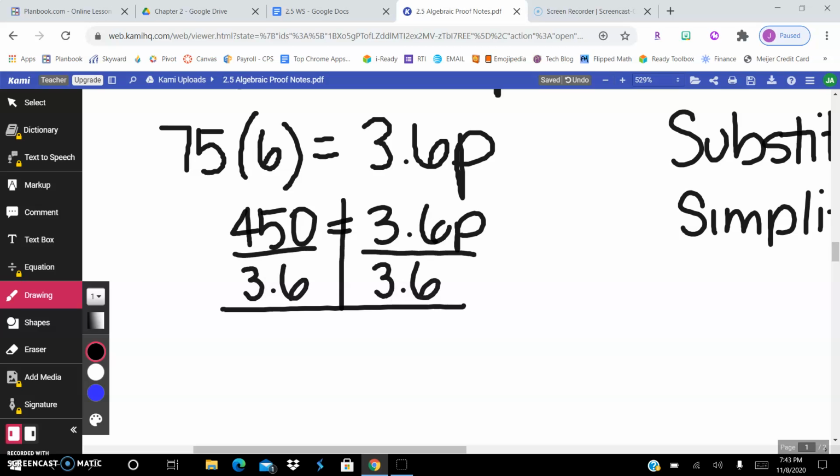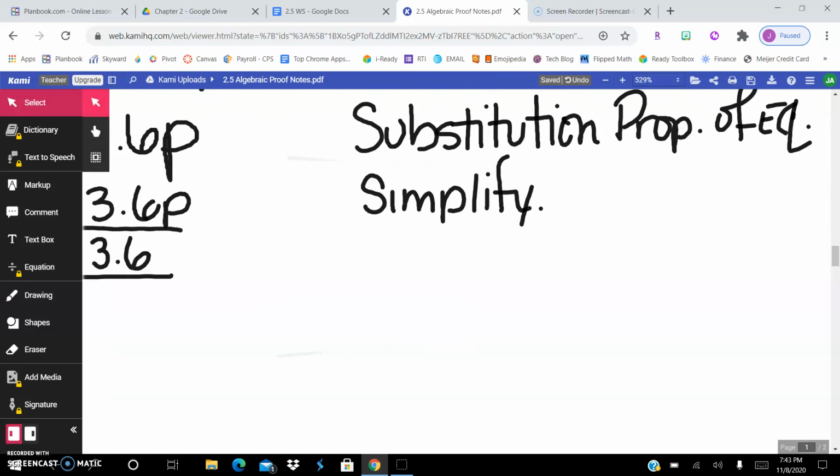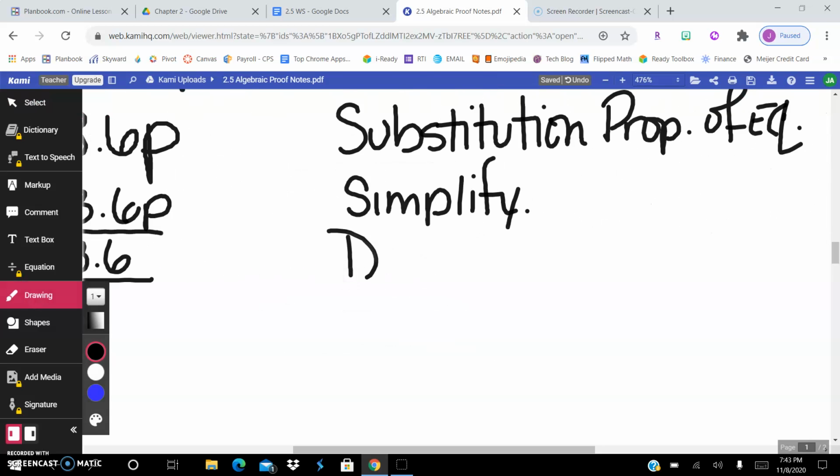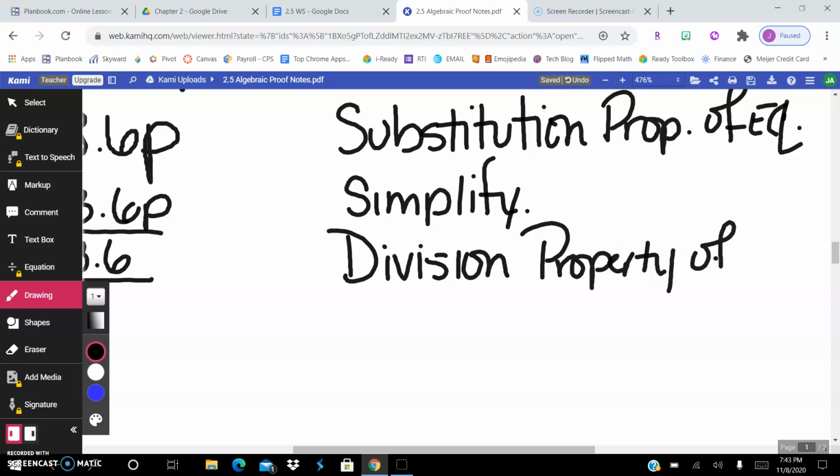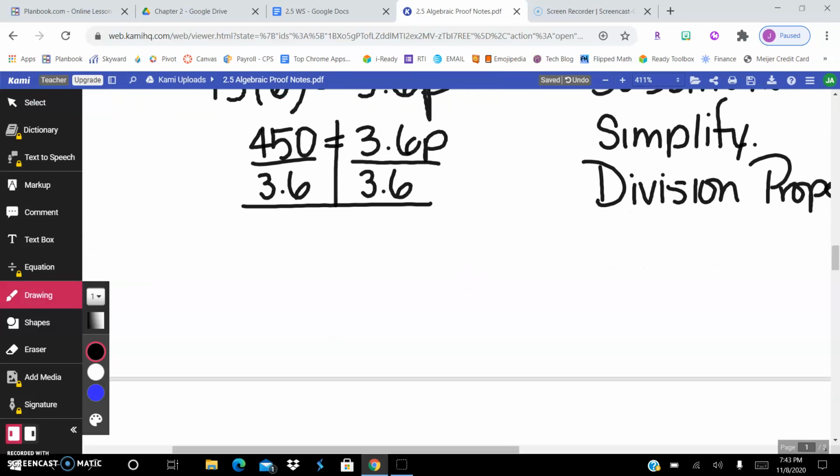And remember, if I'm dividing both sides by the same number, that would be the division property of equality. And the 3.6 is canceled. We have P equals 450 divided by 3.6 is 125. So that was a simplify.